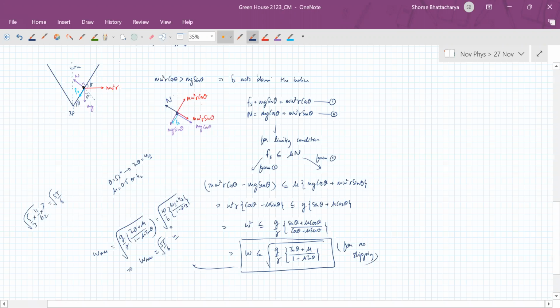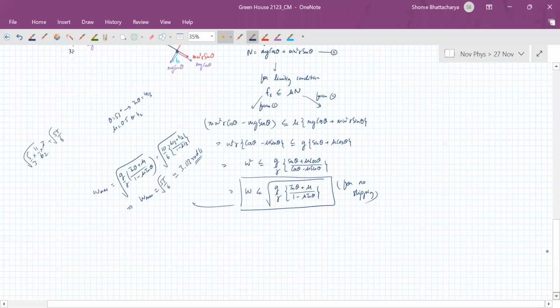So it's close to about 3. You can see compared to the above value when no friction was acting, it's almost double.